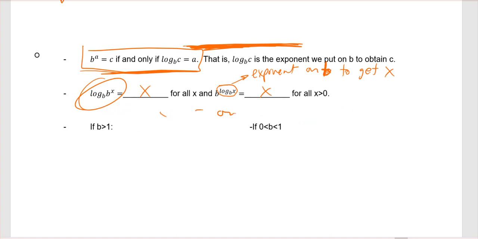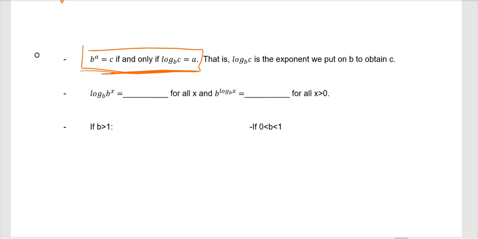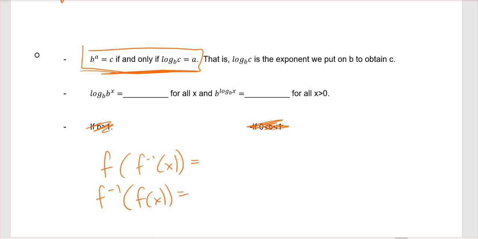Similar thing with that other one. What we ought to also have in mind here is what we talked about in those previous sections, right? What we know is that if I compose a function with its inverse, or an inverse with the original function, either way, we've got to get x, right? So what if we say f of x is b to the x, and then f inverse is the inverse of this thing, so this is log base b of x.